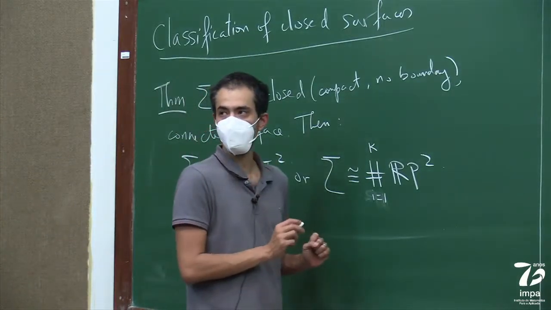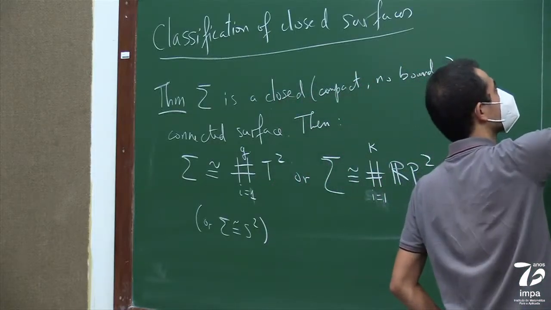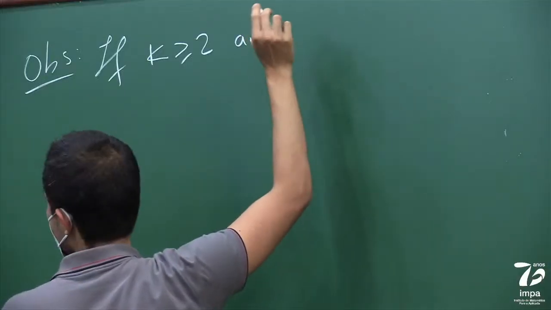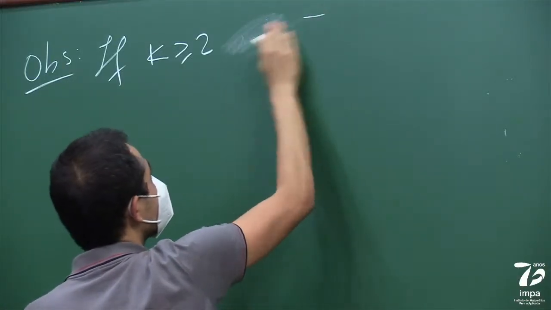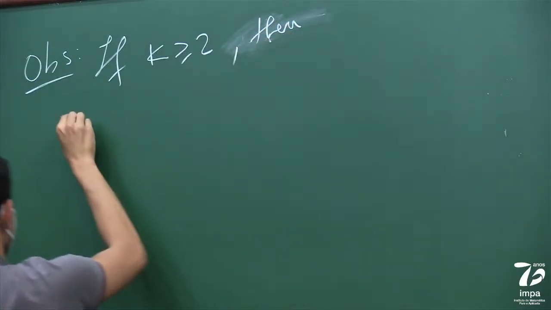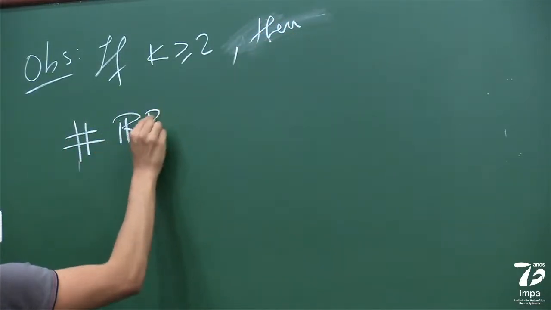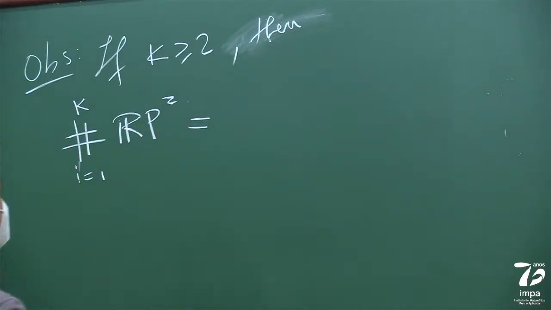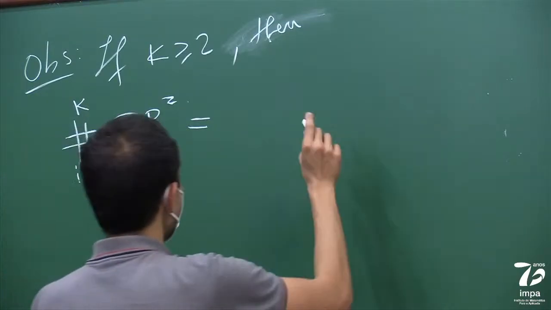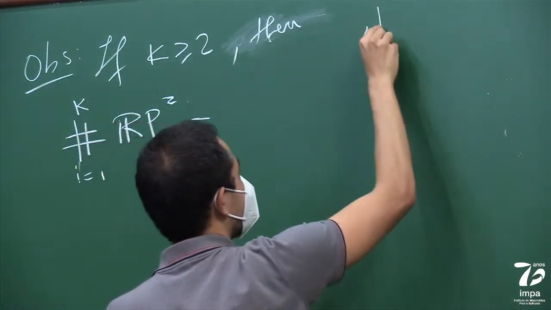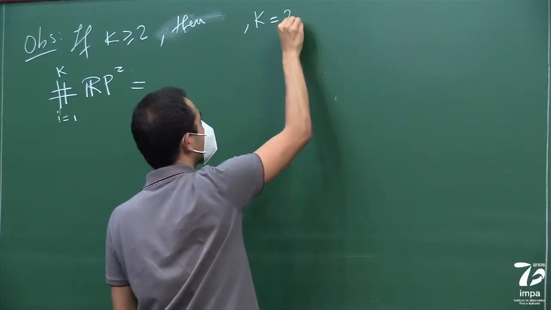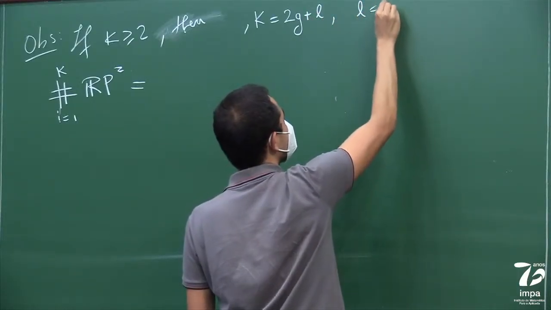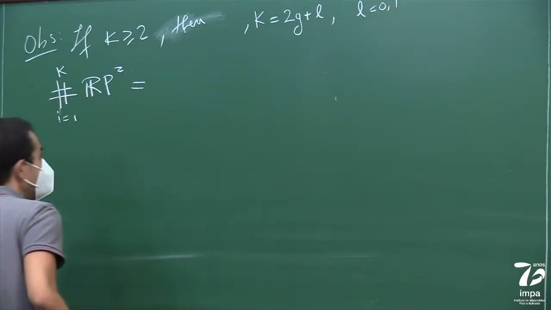So, maybe this is an observation: if K is greater than or equal to 2, then the connected sum of RP2s from i equals 1 to K is equal to, so you can write K as 2G plus L, where L is 0 or 1. You can always do that.